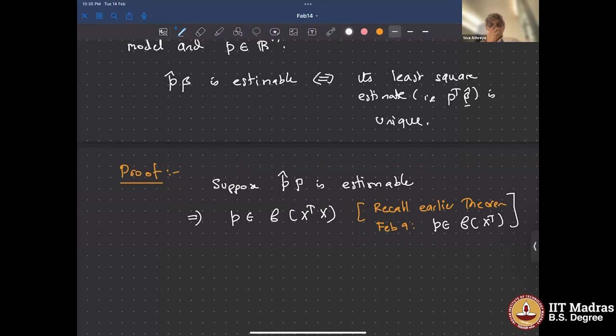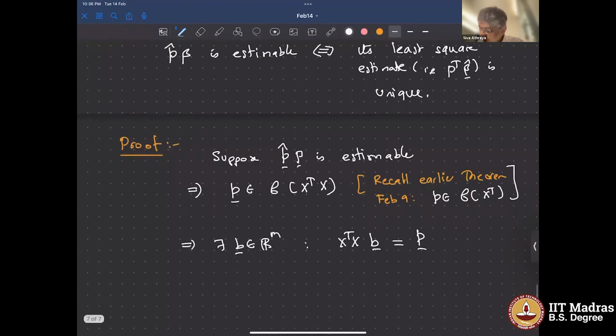So once you have this, that means there exists a B, a vector in R^m again, such that X transpose X multiplied by B gives P. And that's what it means for P to be in the column space of X transpose X.